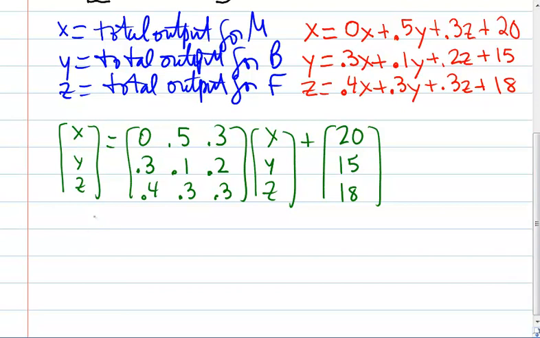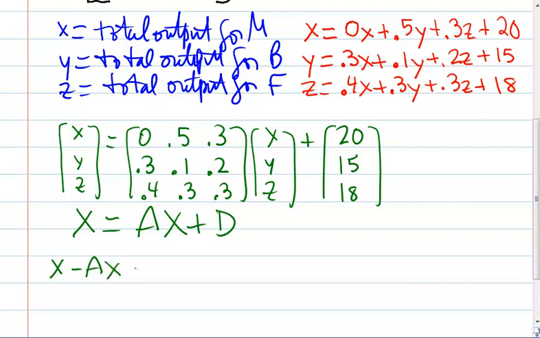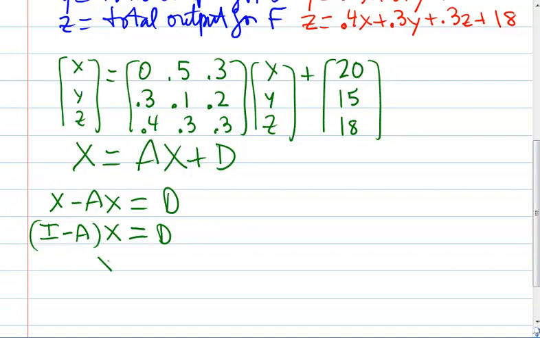And if I just give letters now to these matrices, A is the input-output matrix, and that's times x again, plus the demand. To solve this equation, I'm going to get the variable matrix together on the left. I'm going to factor out the x in hopes of getting it alone, and I'll multiply by the inverse of I minus A, and there I have my solution.